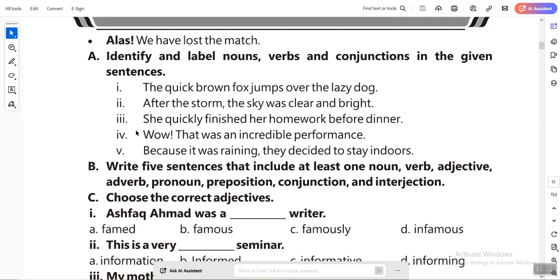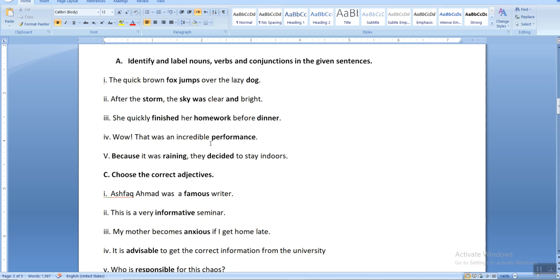Let's see the fourth sentence: Wow, that was an incredible performance. In this sentence you can see that was is our verb and performance is our noun.